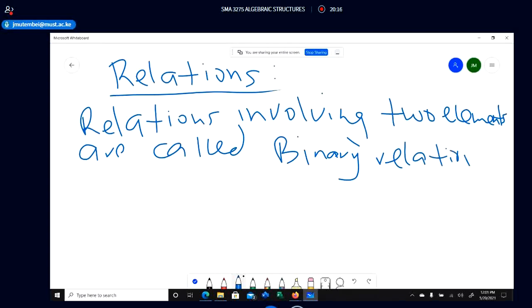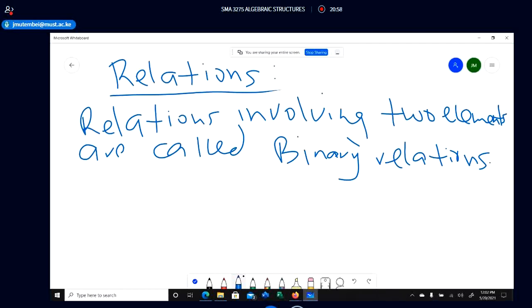And no wonder when we are defining an algebraic system, we've always talked of a set together with a binary relation. But now when we are representing a relation in notation form, we normally represent them in form of pairs, whereby it is known where the first element in the pair comes from, and where the second element in that pair comes from.